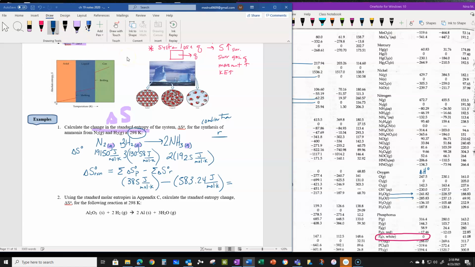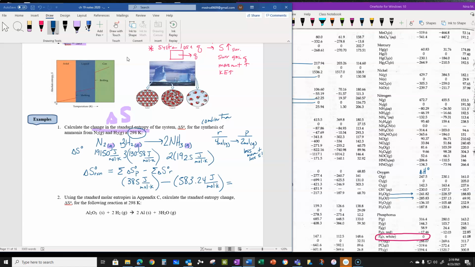For our reactant side, we have 4 moles of gases. But our product side, we only have 2 moles. Did I create disorder in this reaction from reactants to products? No, I actually made order. I actually have less disorder. Okay, so if I have less movement, less entropy, that means this answer should definitely be decreasing and possibly negative.